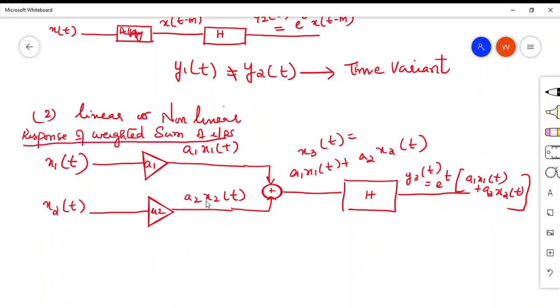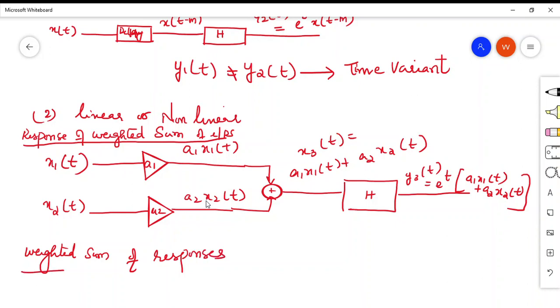Weighted sum means you multiply your signals with a constant, you take the sum, and then you find the response. Now what you have to find is the weighted sum of responses.